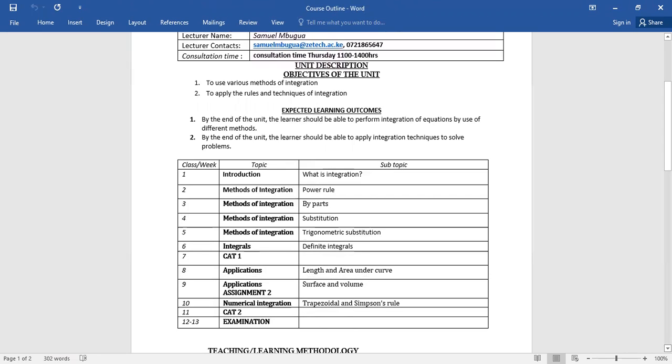Of course, we'll have covered the indefinite integrals in the first part. Then from there, we'll be looking at the applications of integration, length and the area under curve, how it is used in calculating the surface area and the volume. And ultimately, we look at the trapezoidal and Simpson's rule.